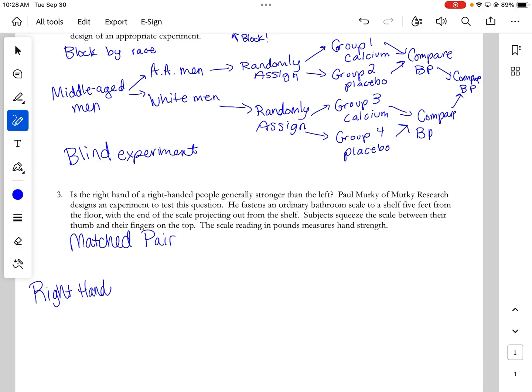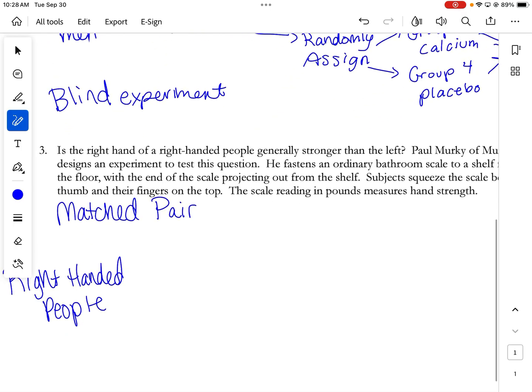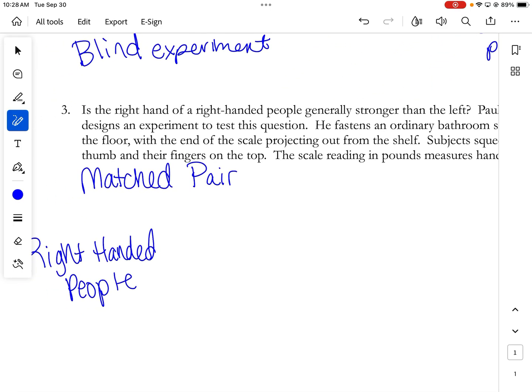So we would do our however many people. We're going to start out with right-handed people. And we're going to do some random assignment.